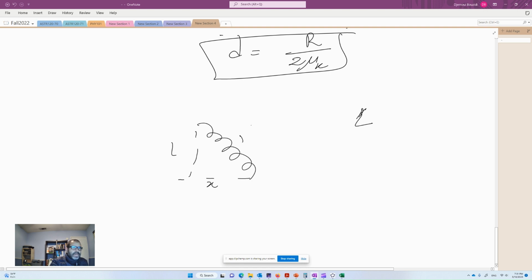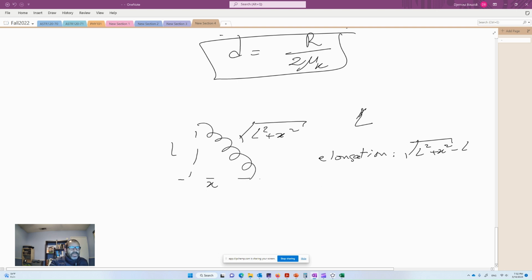Now the new length is clearly the square root of L squared plus x squared. So the elongation of this spring is the new length minus the length itself, the length at rest.